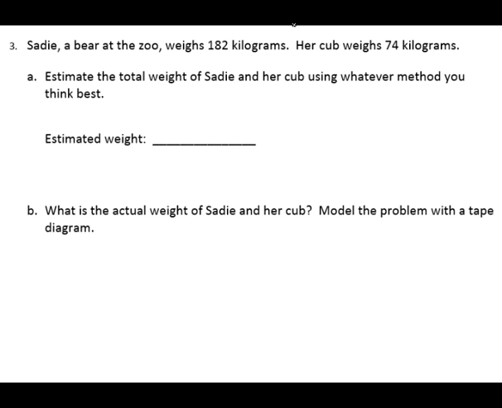If I'm rounding to the nearest 10, well, 182 has 18 groups of 10, so this would fall between 180 and 190, the midpoint being 185. 182 falls below the midpoint, so we'll round that to 180. 74 falls between 70 and 80, with the midpoint being 75.